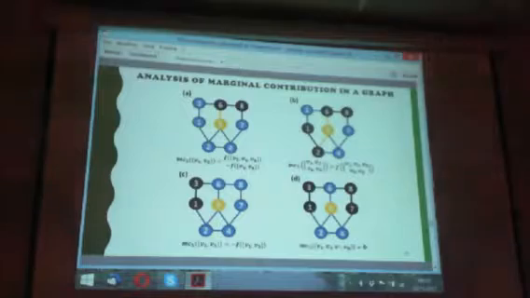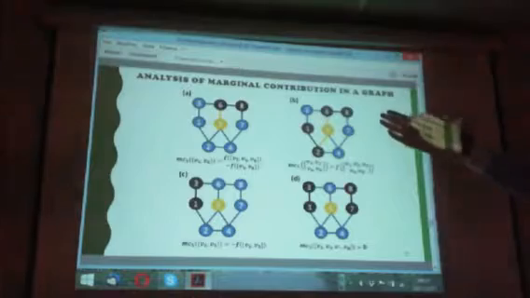This is the concept of marginal contribution in the graph. To be able to compute or evaluate the coalition in the group, we base it on the concept of marginal contribution. Here I summarize it in this slide.